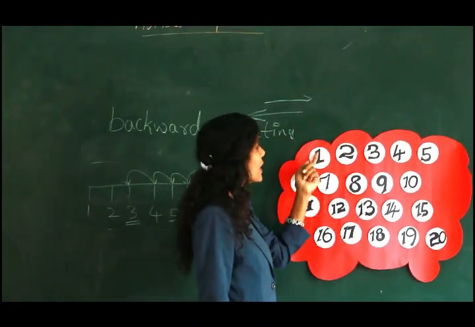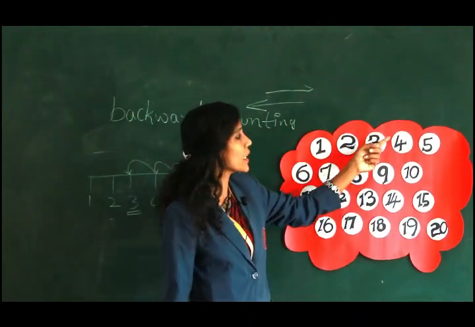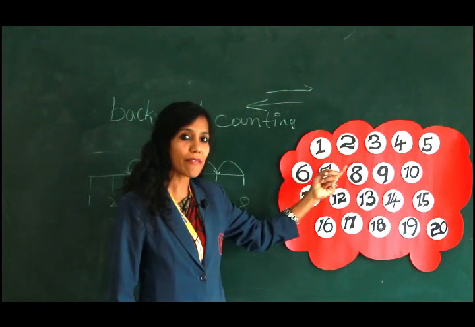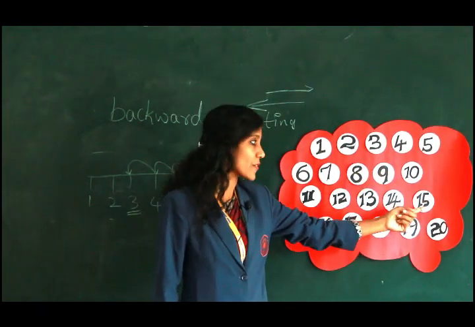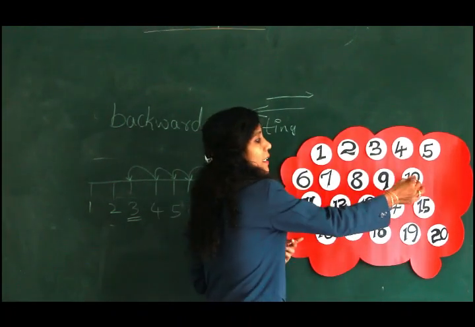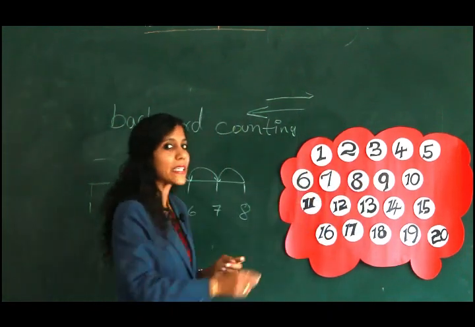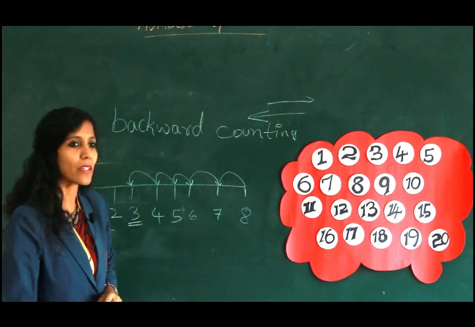Forward from 1 to 8, we go 1, 2, 3, 4, 5, 6, 7, 8. Now backward from 15 to 9: 15, 14, 13, 12, 11, 10, 9. There we finish our forward and backward counting.